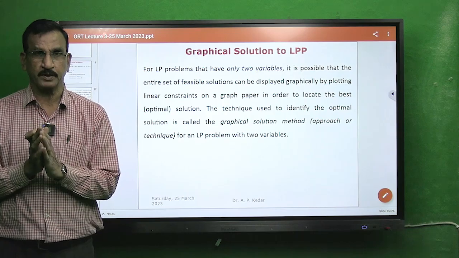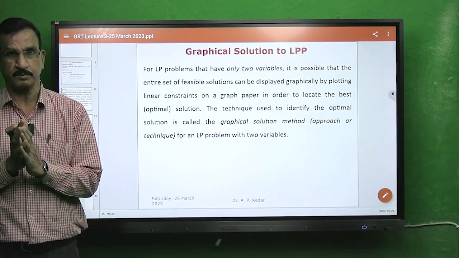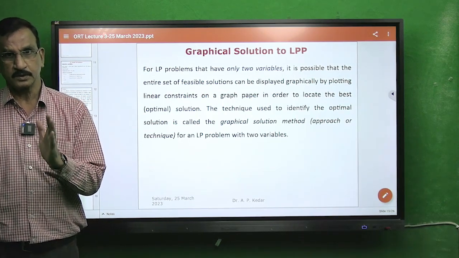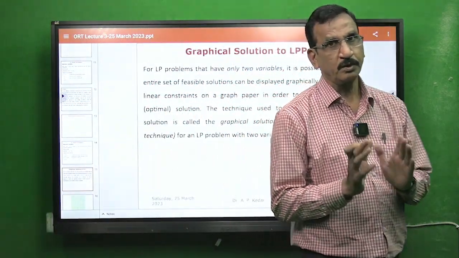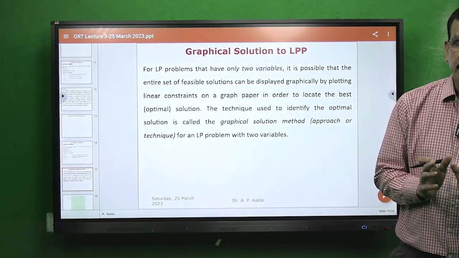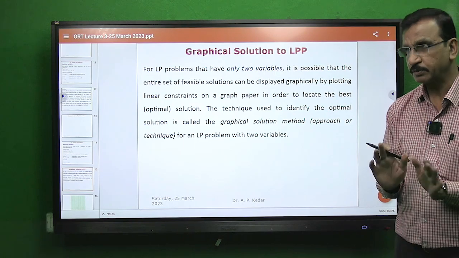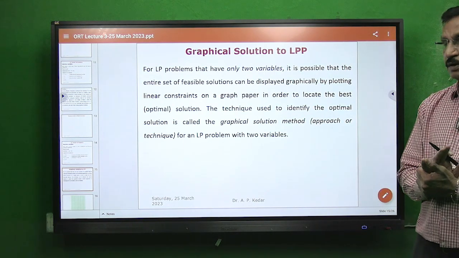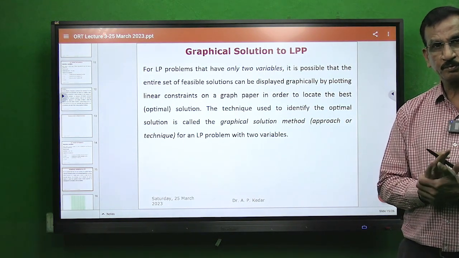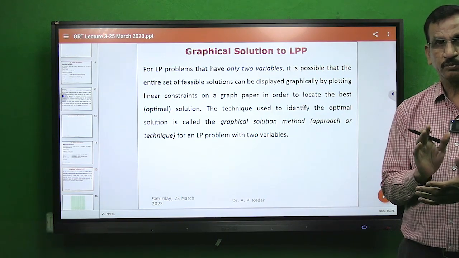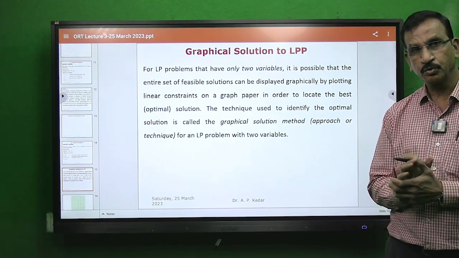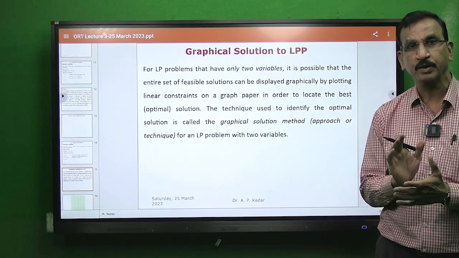There are methods for finding solutions to a given linear programming problem. It is either the graphical or the simplex method. So today we will stop our lecture at this note, that we have finished the formulation of the given problem, and from the next lecture we will study how to find the solution of a given problem with the help of the graphical method.